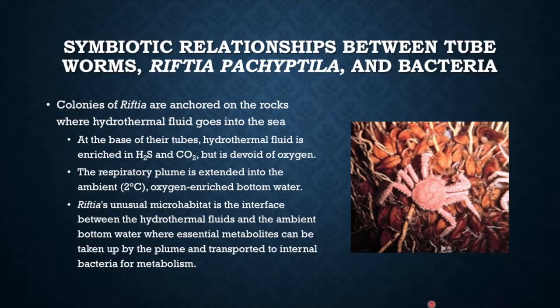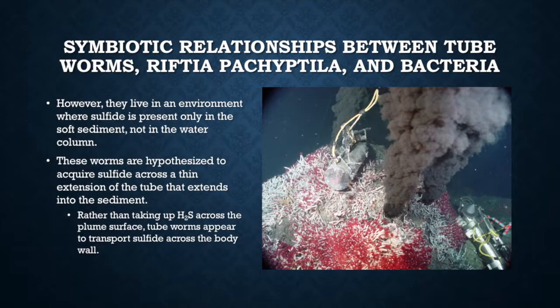So this respiratory plume is extended into the water, which is where they get their oxygen. And this unusual microhabitat is the interface between the fluids of the hydrothermal vent and the bottom water, which are essential to both metabolites that are taken into the plume and transported to the bacteria.